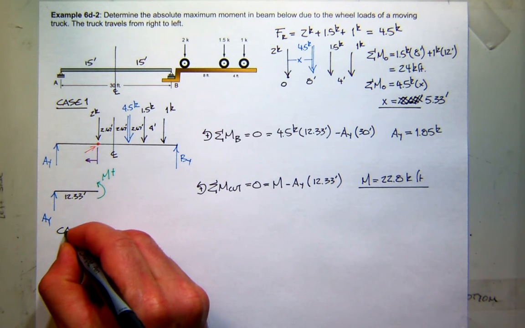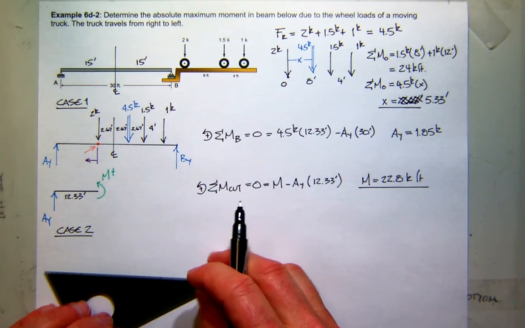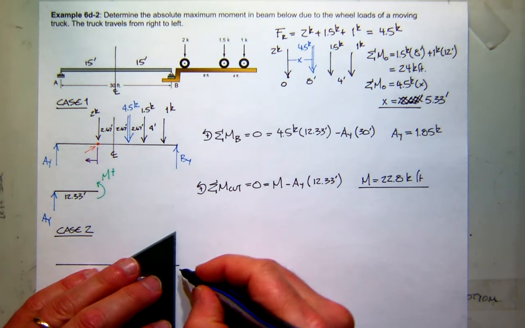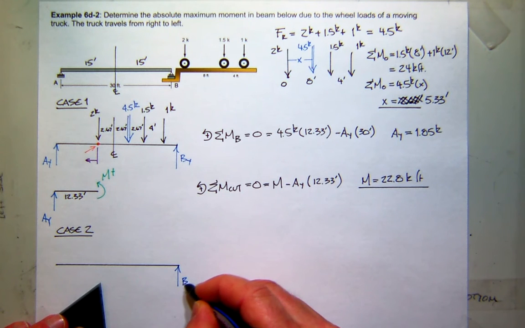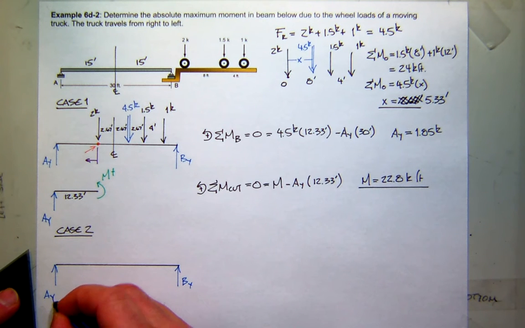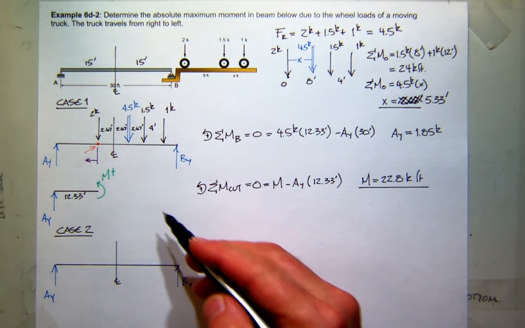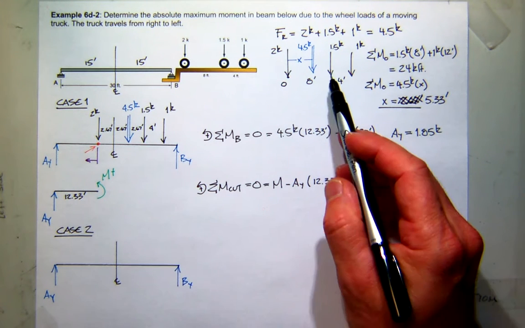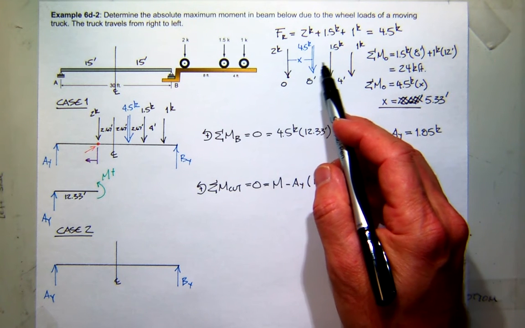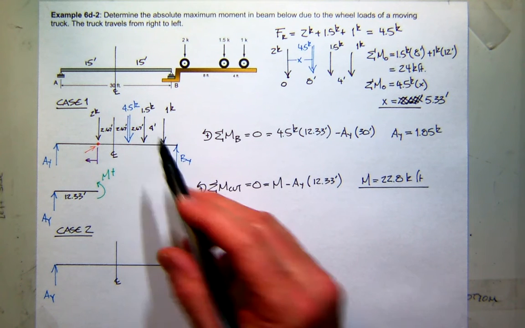So let's go to case 2. I will redraw my system so you can see where the components land. So there's my reaction at BY and AY. And then about the center line, I'm now going to balance the second force with the resultant. Now the distance between those was what? 2.67. Divide that by 2, that's 1.33, right?